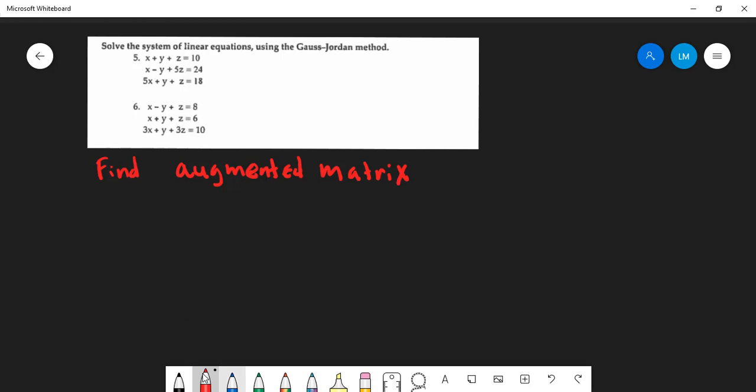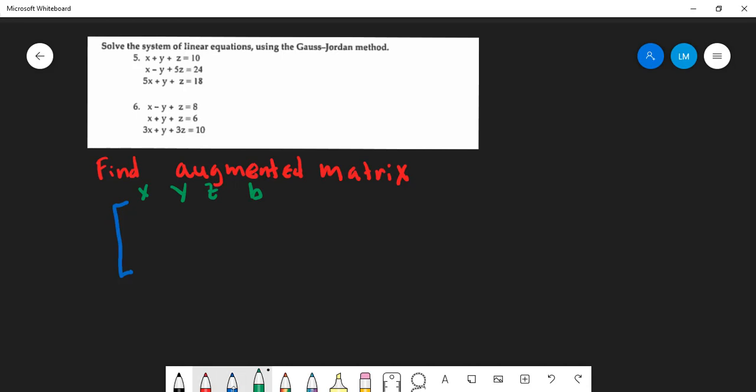Okay, so the augmented matrix is essentially just a set of brackets and writing out the coefficients. We can label each of the variables respectively, like x, y, z, and then we'll just put b.